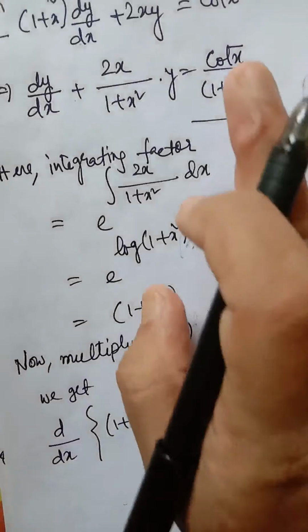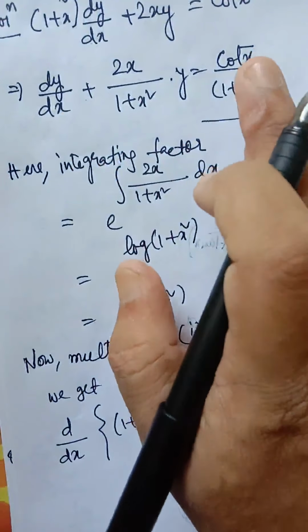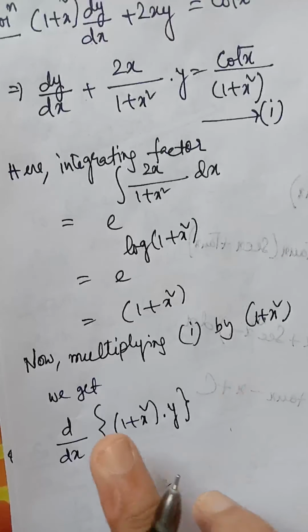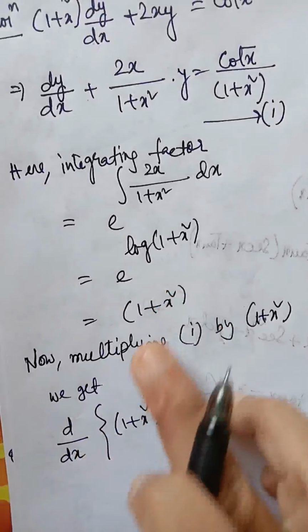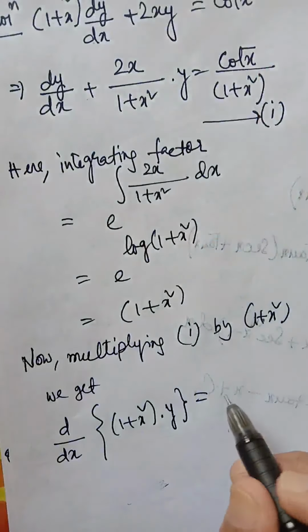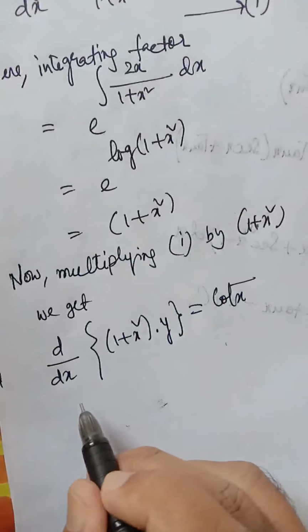Always if we multiply a differential equation of the form dy/dx plus Py equal to Q by the integrating factor, the left hand side will always be this, the derivative of the integrating factor into y. On the right hand side, if we multiply by 1 plus x square, this will become cot of x. Okay, integrating.